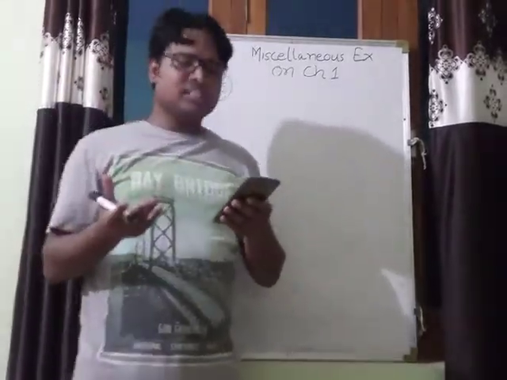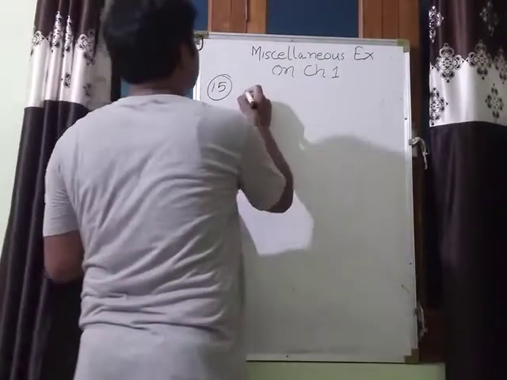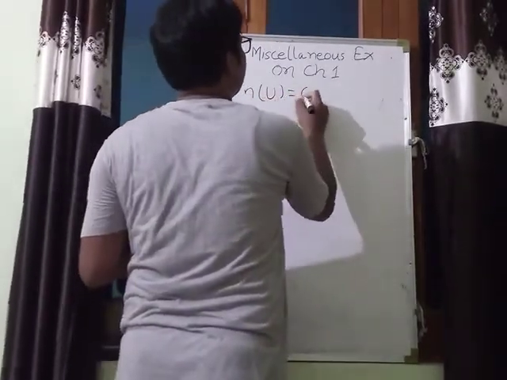In a survey of 60 people, so 60 will be the elements of the universal set.